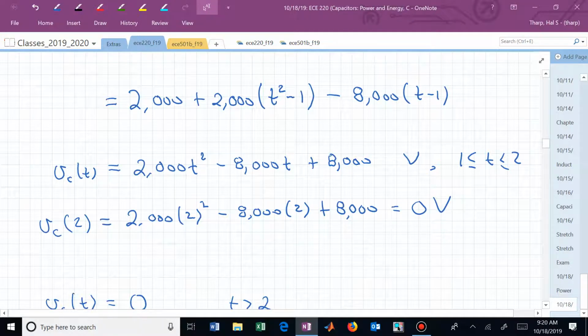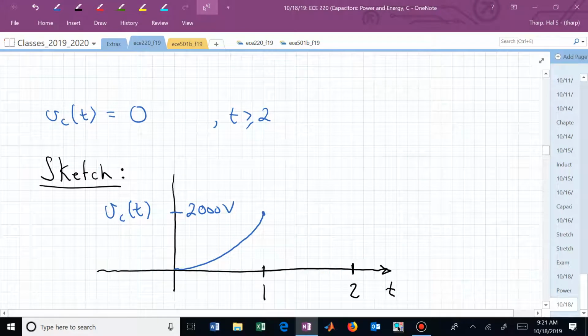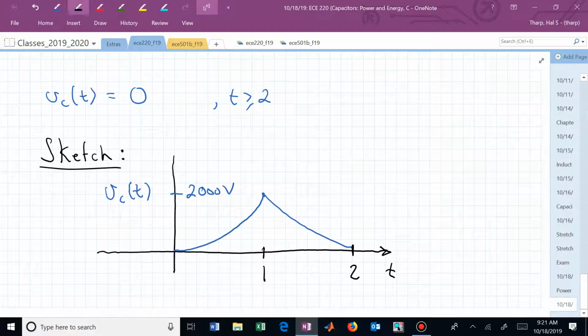It does that with this quadratic, and it's now going to look like that. What's happening between 1 and 2? What if you said, oh, this is the voltage across that capacitor? It's now building up. What are we doing to the capacitor? And now I'm looking for charge or discharge. We're charging the capacitor here.